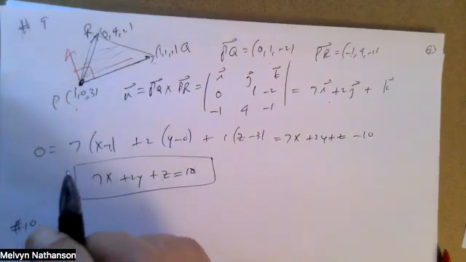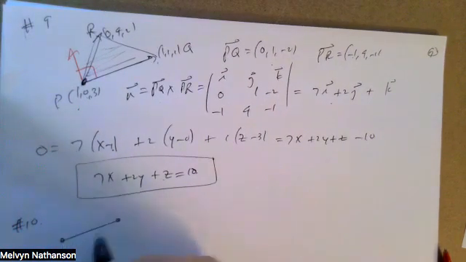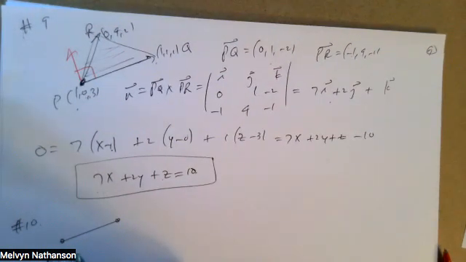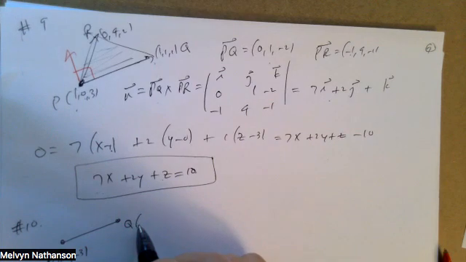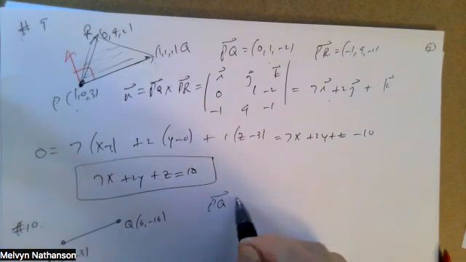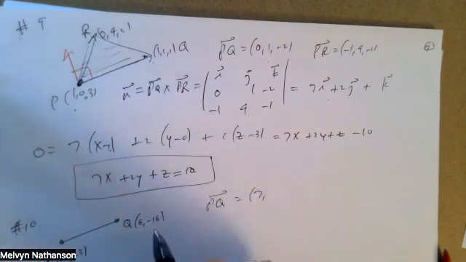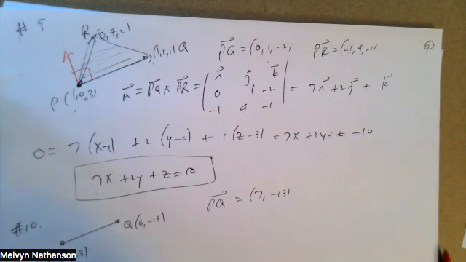Number 10. You want to have a line segment, not an infinite line, but a line segment that starts at the point minus 1, minus 3 and ends at the point 6, minus 16. So the vector from P to Q is 6 minus 1, minus 16 minus 3, which is this.